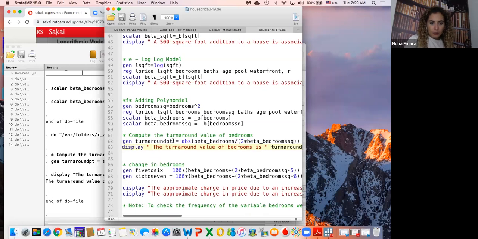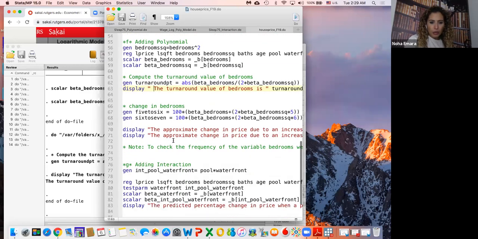Let's see this. If I'm asking you, what is the approximate effect of the change in the number of bedrooms from 5 to 6? Remember, the dependent variable is in log and the variable I'm asking you about is linear, so it's log-linear. Anything I get, I have to multiply by 100 and add the percentage symbol.